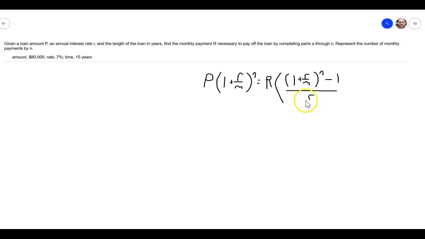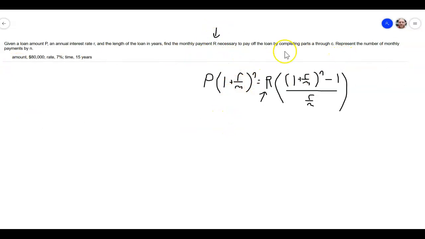And we've worked with this formula over here, and we've worked with this formula over here, and so what we're solving for here is the capital R. This is what we're solving for in the problem.